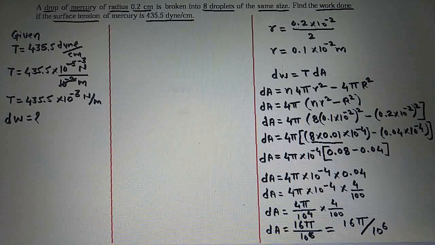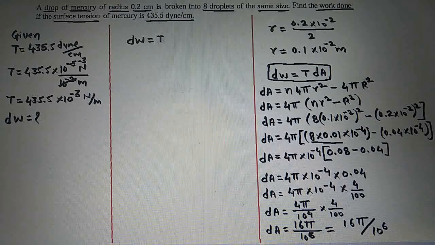Next step we will do, that is we will put the values of T and dA in this equation of dW is equal to T into dA. So if we put values of T and dA in this equation of dW, then we can write this dW is equal to, what is T?